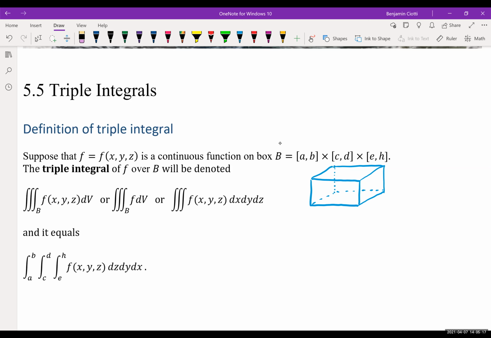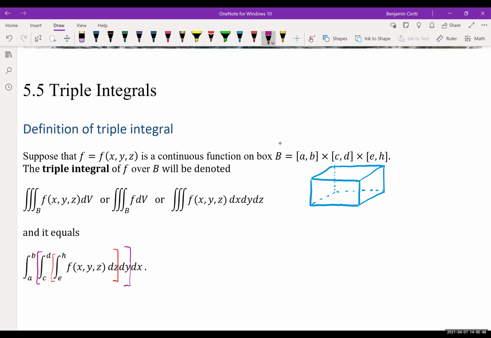You compute them by just performing an iterated integral. So this formula on the bottom is how you can actually compute a triple integral. And you just first perform the z integration. So I can imagine that there's some parentheses around the z. And then perform the y integration.